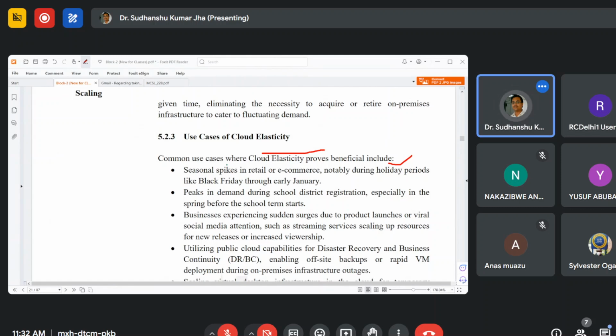Now, at some time, Amazon.com announces a seasonal holiday period or some kind of offers, special festive deals, or a Black Friday kind of concept. Amazon declares that from this date to this date, Black Friday deals or festive deals will be there, and the items will be at a cheaper, more discounted rate.